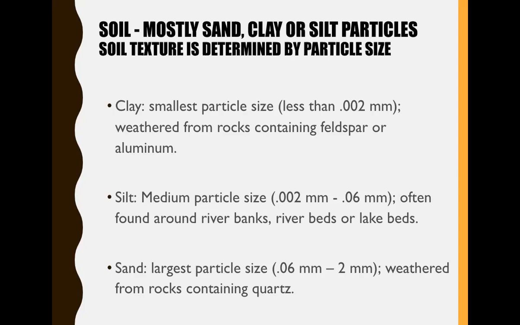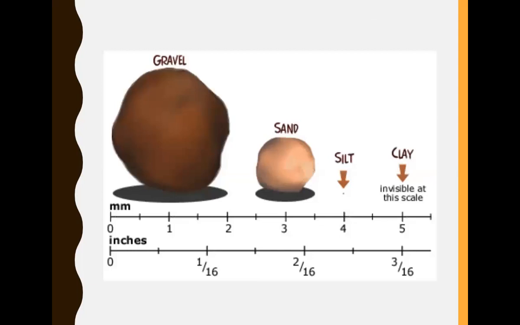And last is sand, and sand is actually the largest particle size and the one that we are probably most familiar with, okay? And this is just above your silt and ranges up to 2 millimeters. So this is weathered from rocks containing actual quartz. So keep these in mind when we're using our soil triangle. This just gives you an idea of size.